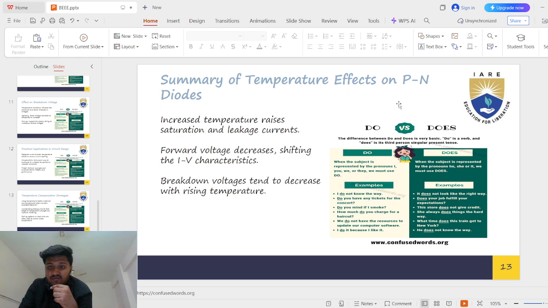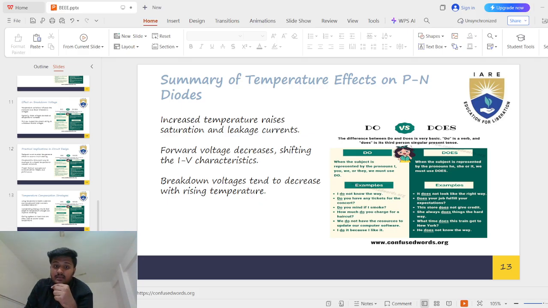Summary of temperature effects on a p-n junction diode. Saturation and leakage current increases. What happens when a diode gets hotter? More charge carriers, electrons and holes, are created inside it.